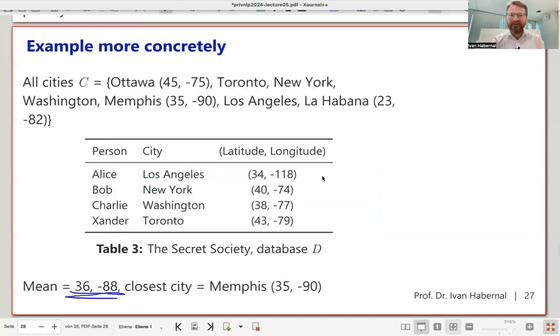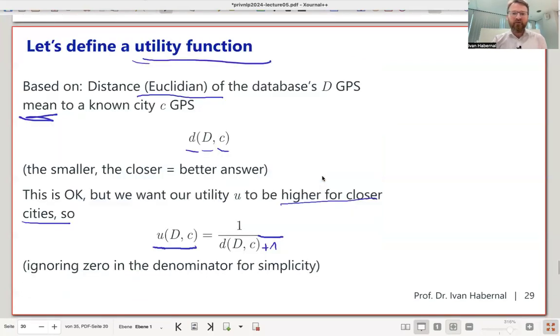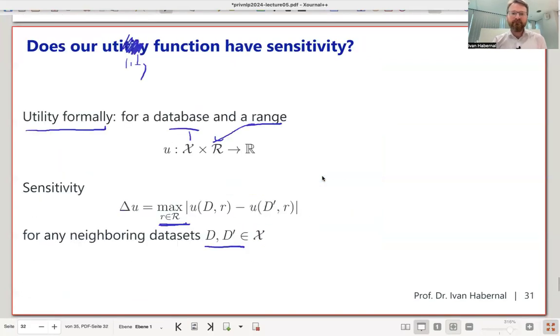So we have this utility for the exponential mechanism. Again, it's the maximum distance over all potential outputs for any neighboring data sets.